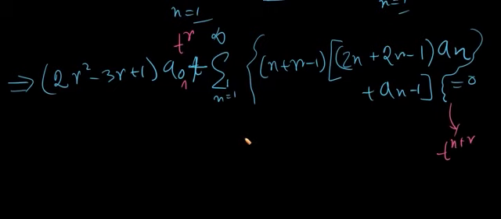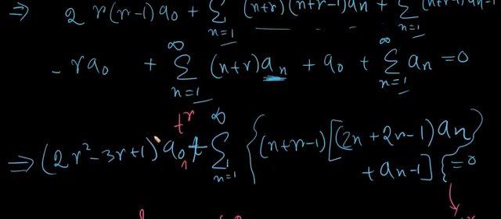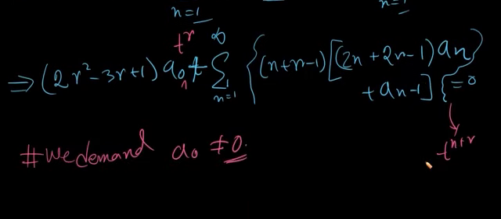And now we demand a not equals to 0. This is another demand. Why? Because if a is 0, then this part is just 0 itself, and since there is a summation, and all of this equals 0, that means all the individual terms will be 0.